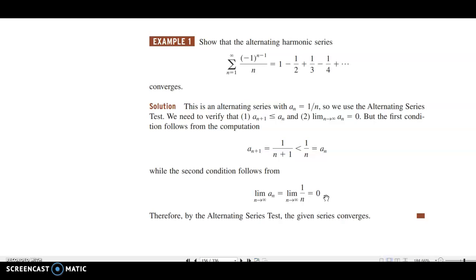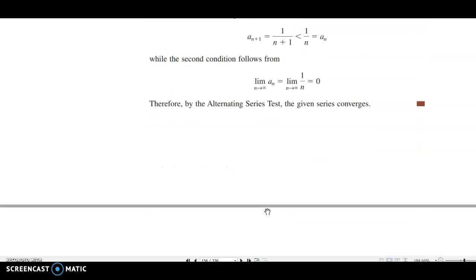So by the alternating series test, this series converges because these two conditions are satisfied: a_(n+1) is less than a_n, and the limit as n tends to infinity of a_n is equal to 0.